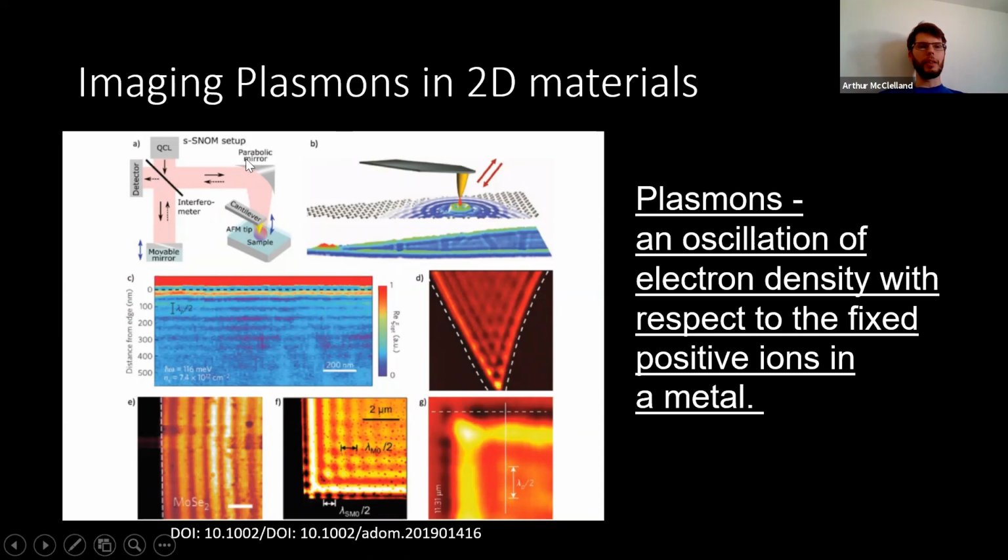So here is a schematic of a scanning near field optical microscope. We have an interferometer, very similar to the FTIR. We use a quantum cascade laser rather than a glow bar. The quantum cascade lasers are much, much brighter than the glow bar, but they have a much narrower spectral range. So you have to pick a quantum cascade laser that happens to be in resonance with what you're looking for.